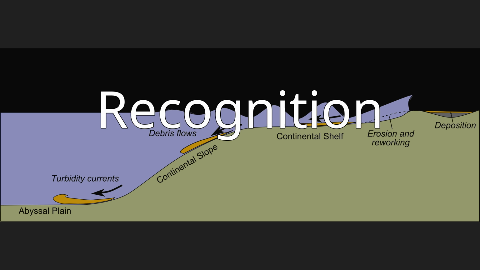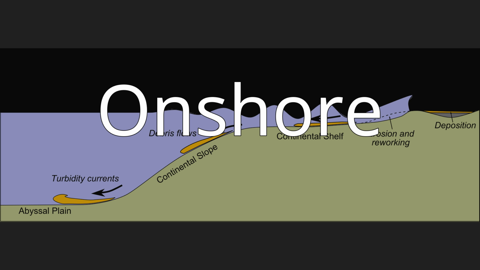Recognition. Onshore. The deposits from well-recorded historical tsunamis can be compared with those from well-recorded storm events. In both cases, these overwash deposits are found in low-lying areas behind the coastline, such as lagoons. These depositional environments are generally characterized by slow lacustrine to swamp sedimentation, producing a sequence of fine-grained sediments.